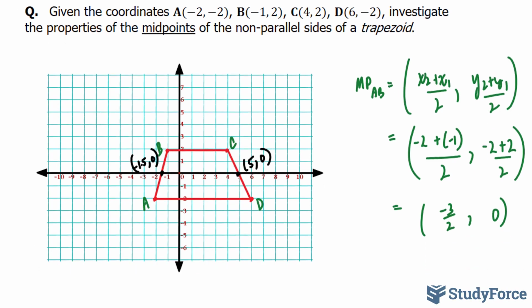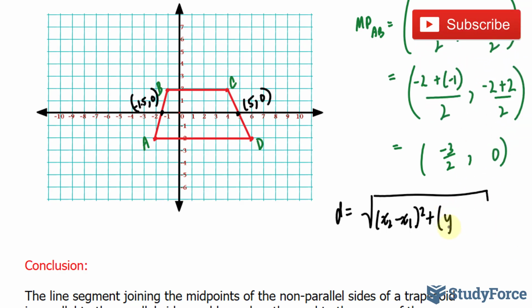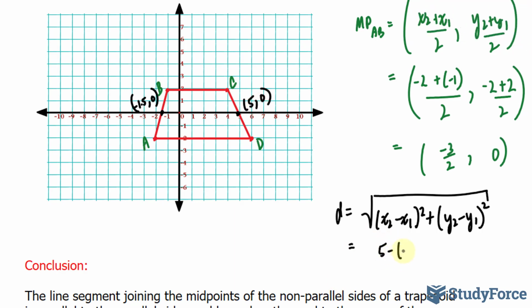To find the length, we use the distance formula. The distance formula is the square root of the difference of the x-coordinates, so we have x2 minus x1 squared, plus the difference of the y-coordinates. The x-coordinate here is 5 minus -1.5 squared plus y2 is 0 and y1 is 0, so we don't have to worry about that part.